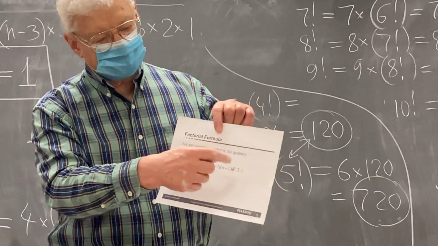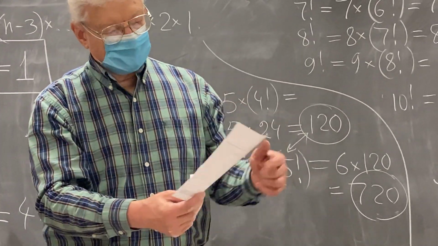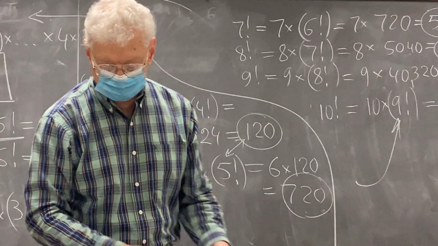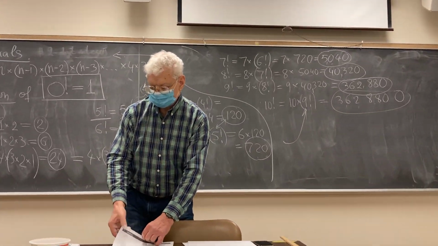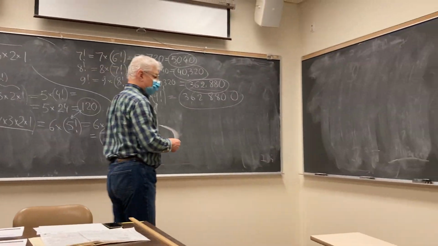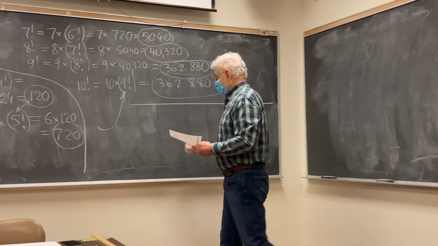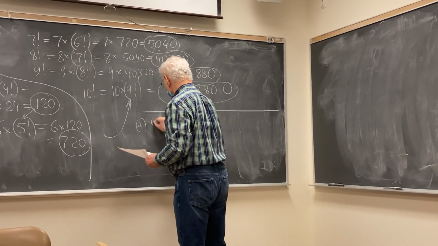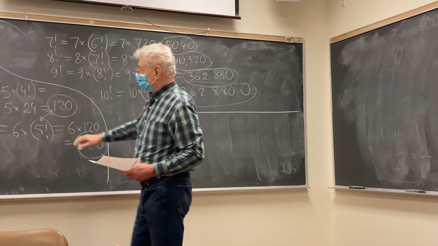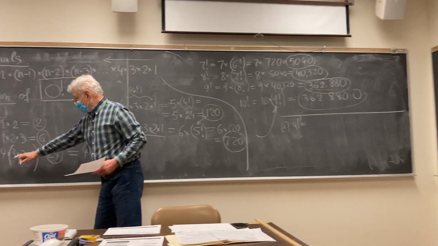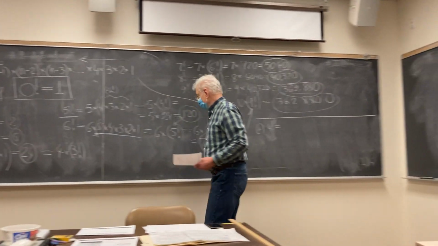Actually, it should be written with 3 dots, which means and so on. So the product of all the numbers from n to 1. There are 3 simple examples, and I'll show you a little bit more. Okay, first example. 4 factorial. We already calculated. 4, 3 to 1 is 24.